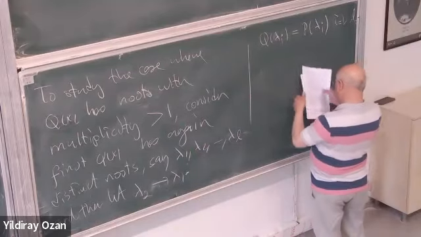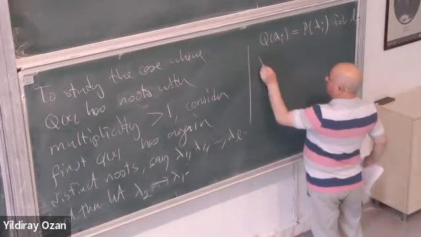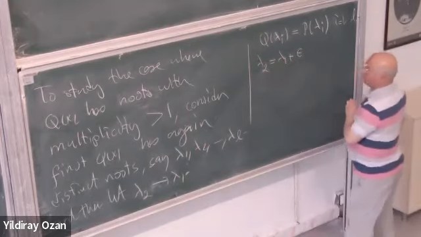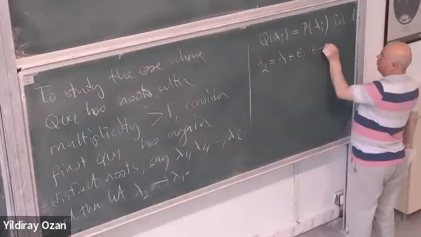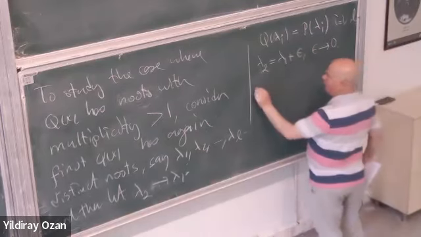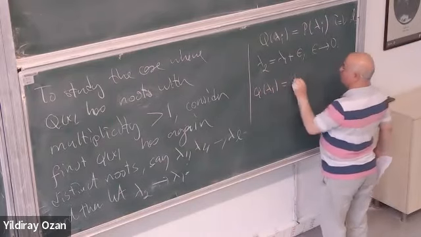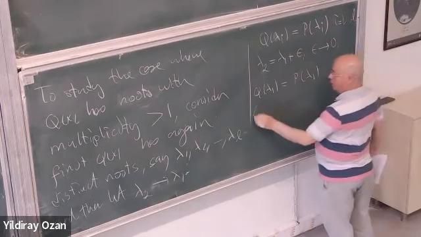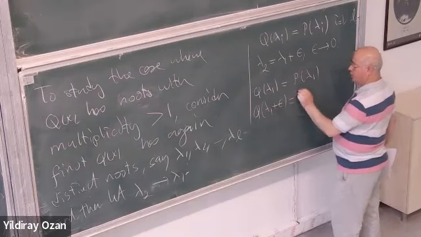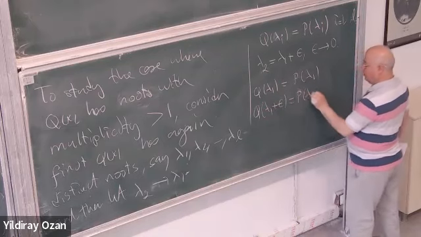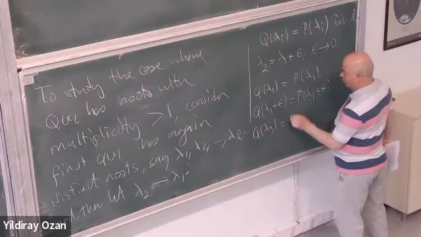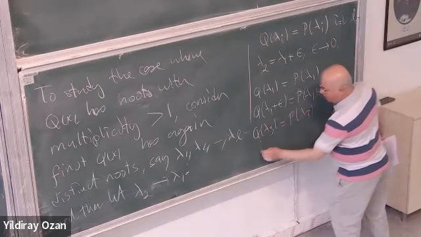Let me write lambda 2 as lambda 1 plus epsilon, and epsilon is going to 0. Then I have the equations: f of lambda 1 equals P of lambda 1, f of lambda 1 plus epsilon equals P of lambda 1 plus epsilon, and f of lambda 3 equals P of lambda 3, and so on.